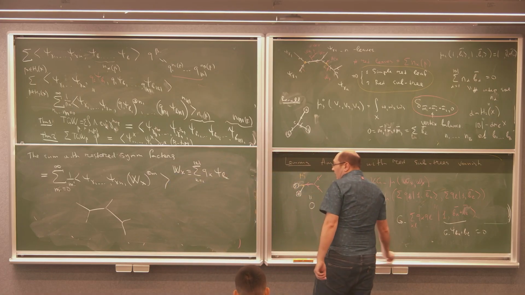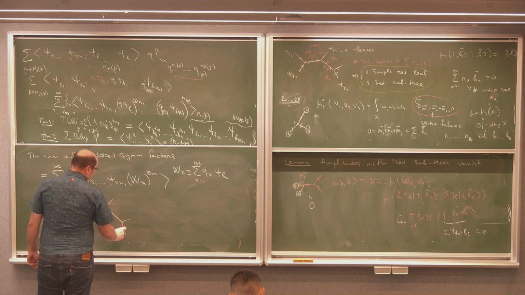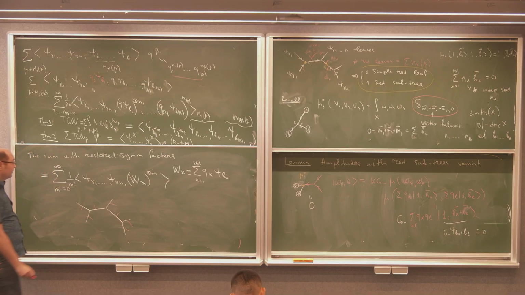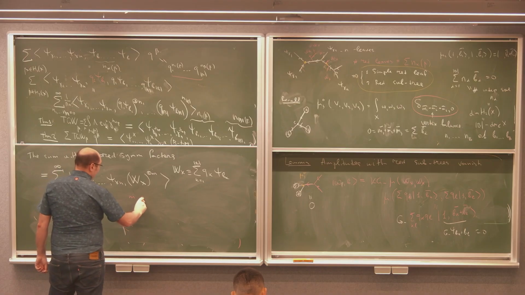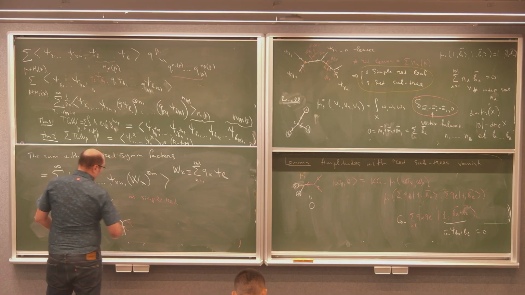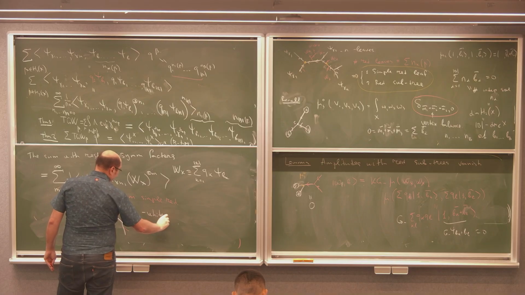We take a white tree with n leaves, and then we assign the simple red leaves: m simple red leaves, and little n white leaves.